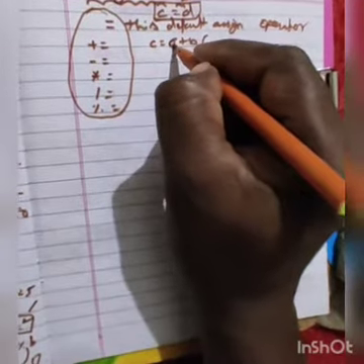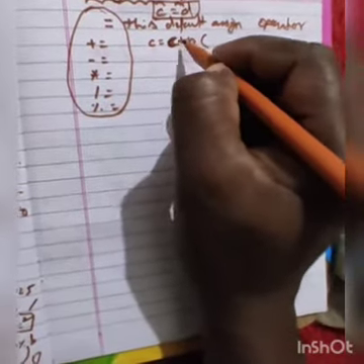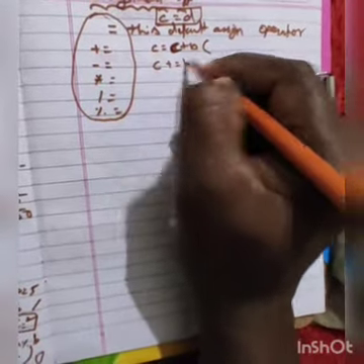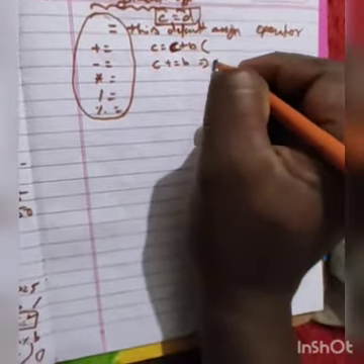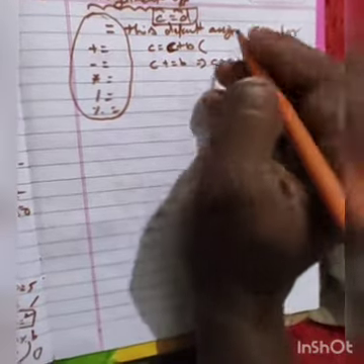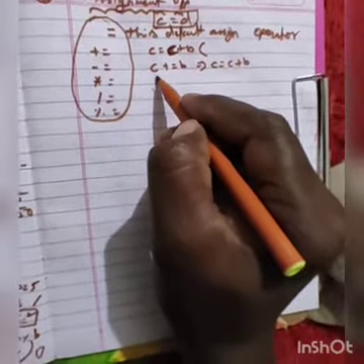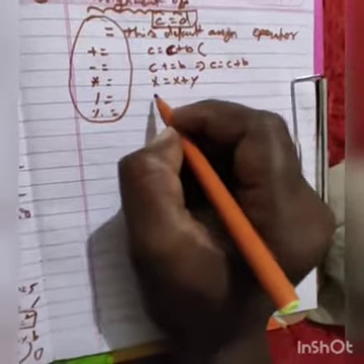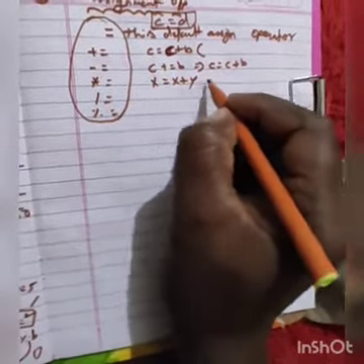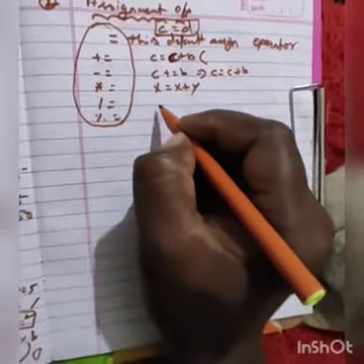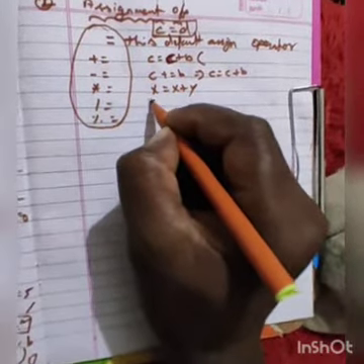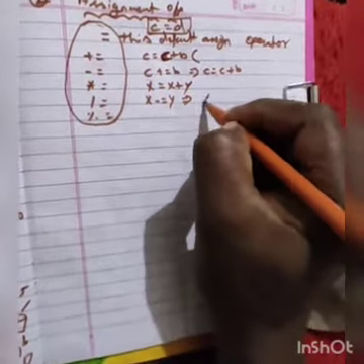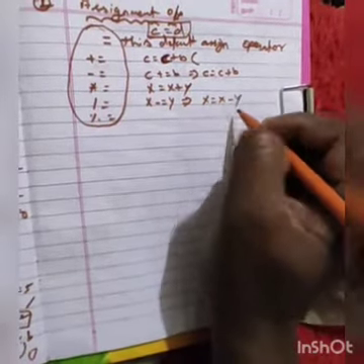One example I will teach: C is equal to C plus B, that is C plus equal to B. That is the abbreviation for C is equal to C plus B. In your book the example is X equal to X plus Y. For minus, how to write? X minus equal to Y. That is the full form X equal to X minus Y.